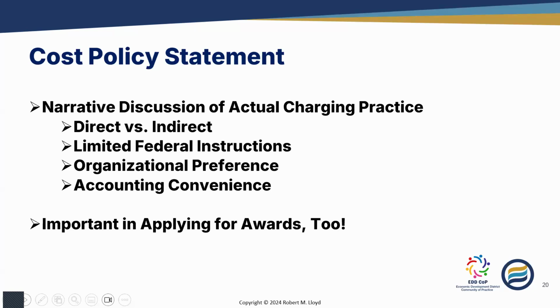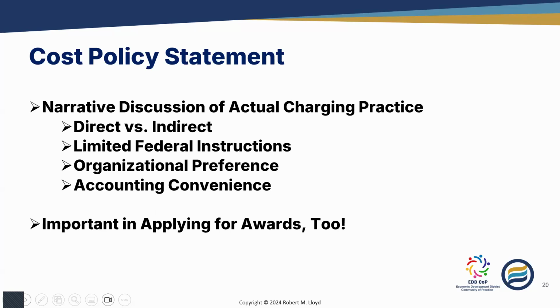Well, the same thing was true with respect to long distance telephone. And I graduated up to more important duties later on, but that's where I learned about the difference between organizational decisions about charging something directly versus indirectly.